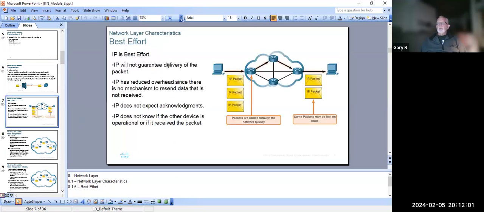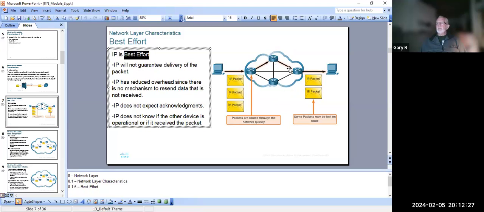And because there is no acknowledgement and no resending, you can also refer to this as best effort. And often best effort and connectionless go together. So I'm going to send this packet from there to there. Hopefully the router is going to get it there, and we're each going to do our best to get it across.